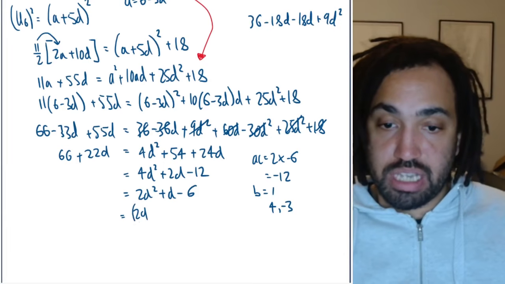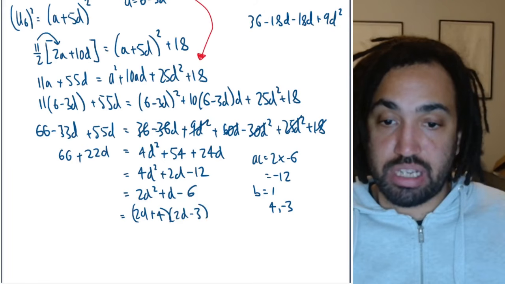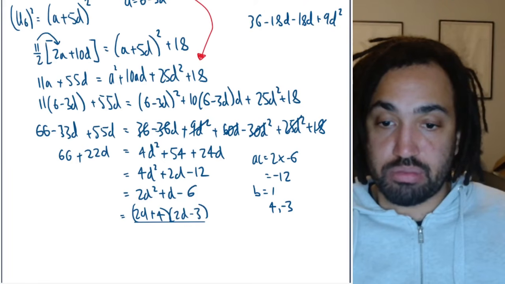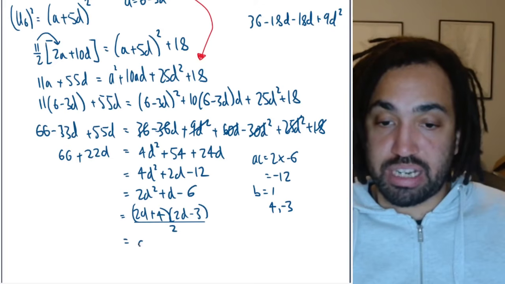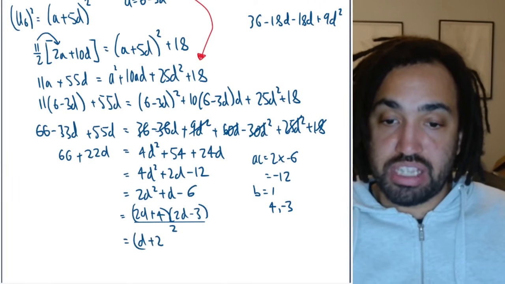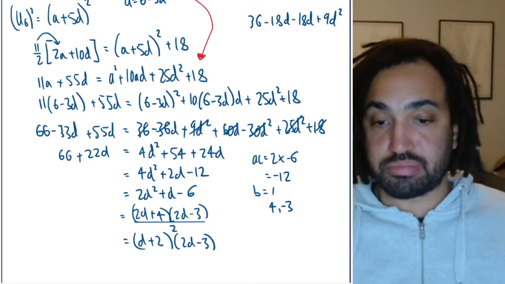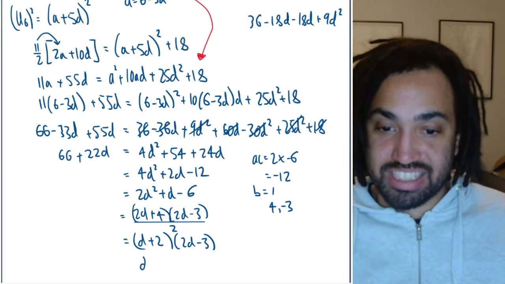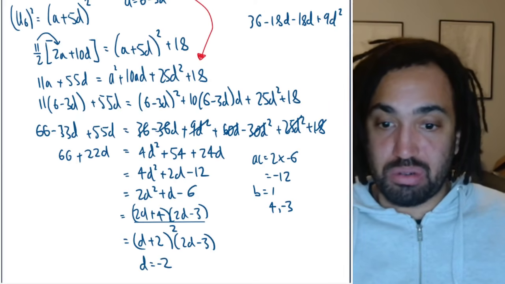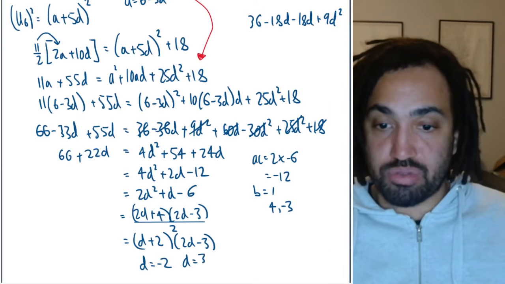So we do 2d plus 4, and we do 2d minus 3, all divided by 2, and this is going to give me, when I divide the left bracket by 2, d plus 2 and 2d minus 3. Right, so d is equal to minus 2, or d is equal to 3 over 2.